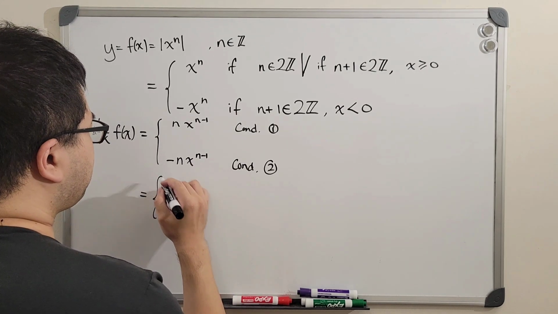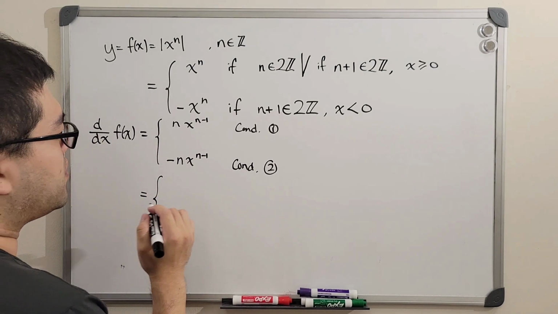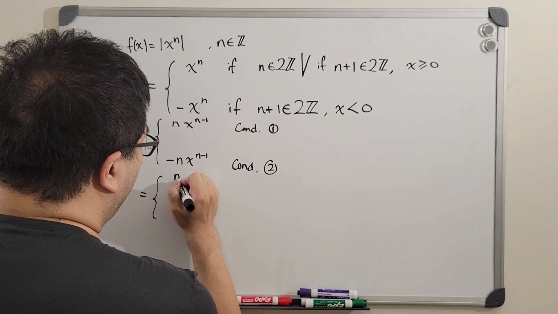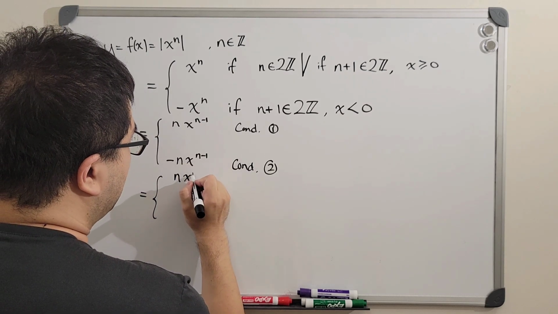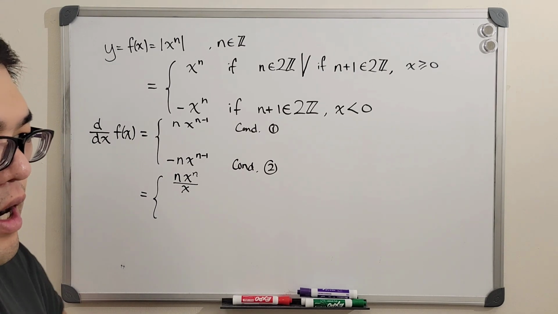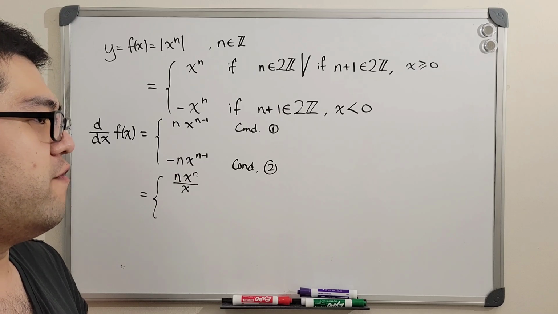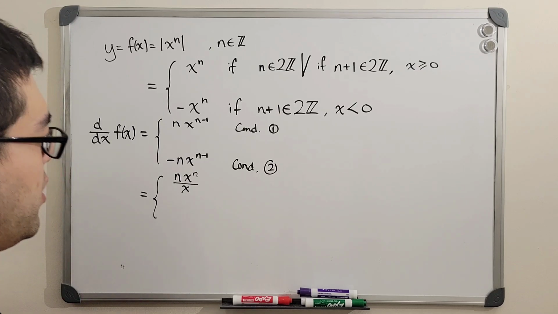Then we can try to rewrite x to the n minus 1 power as x to the n power times x to the negative first power, using the property of exponents, of how we define the negative first power.